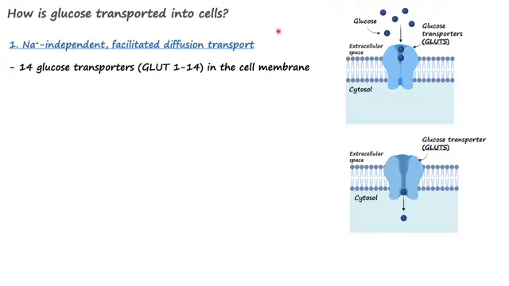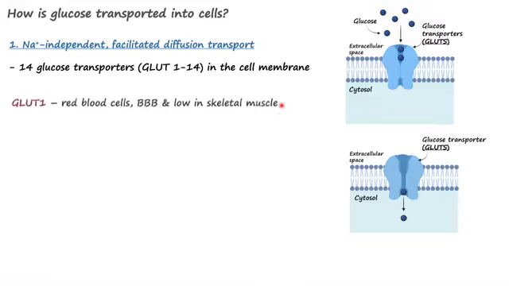And because this is facilitated diffusion, glucose movement occurs down the concentration gradient, meaning glucose is transported from the area of high glucose concentration to the area of low glucose concentration. Therefore glucose movement occurs down the concentration gradient. Now, the other thing you need to remember is that the glucose transporters display a tissue-specific pattern of expression.